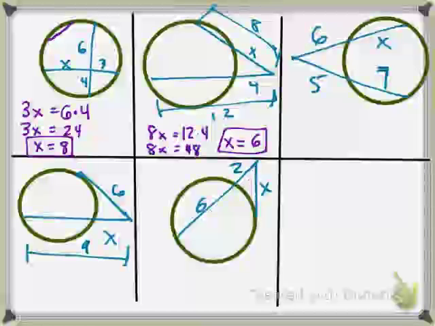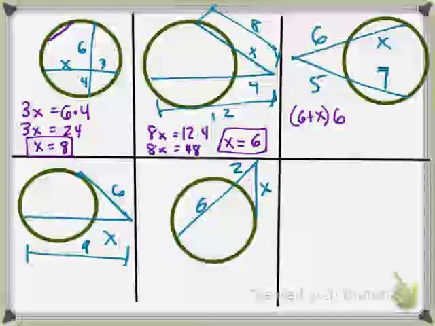For the third one on the top, what would I set up for the upper secant? Our rule is what for a secant? The whole thing. So how do I do whole thing on that top part since I know the two pieces? 6 plus x. Whole thing times outside, which is 6.